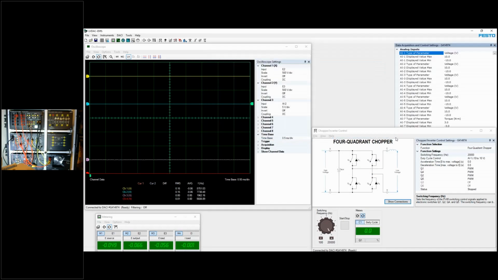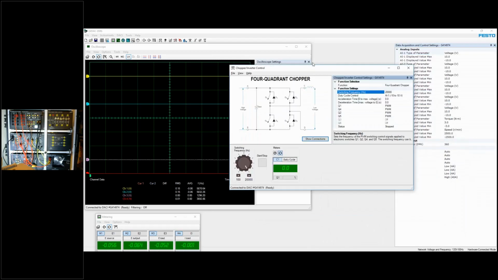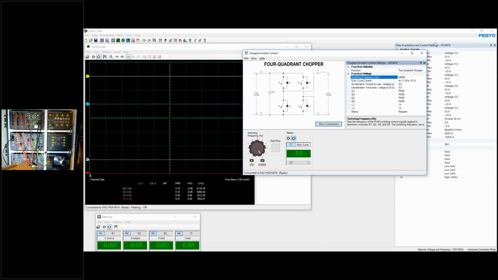I will change here the function that I'm using with my chopper inverter control window. I will simply switch now from 4-quadrant chopper to 3-phase PWM inverter, constant V/F ratio. The reason I use that is that this will allow me to modify the frequency while keeping the current constant in my motor, because it will decrease the voltage at the same time as the frequency.